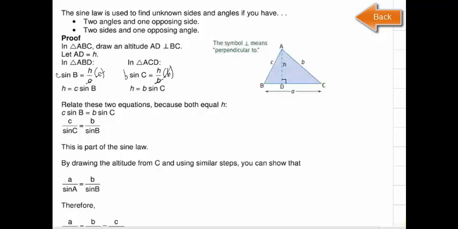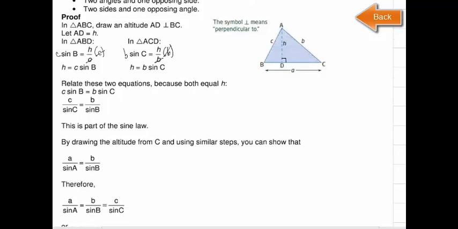And as you can see, I can rewrite this. So let's start by dividing both sides by sine of B. Okay, then I can reduce on the left.